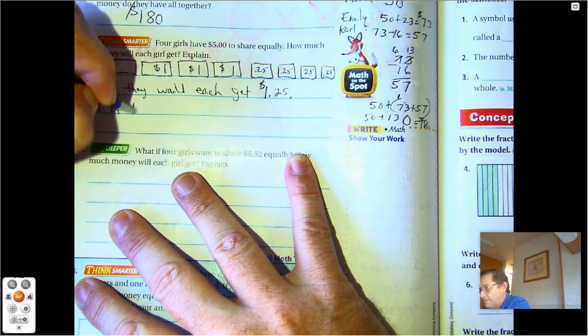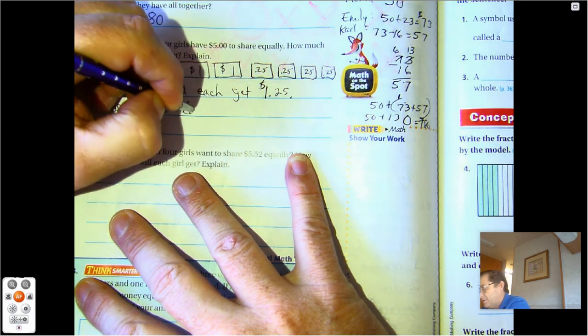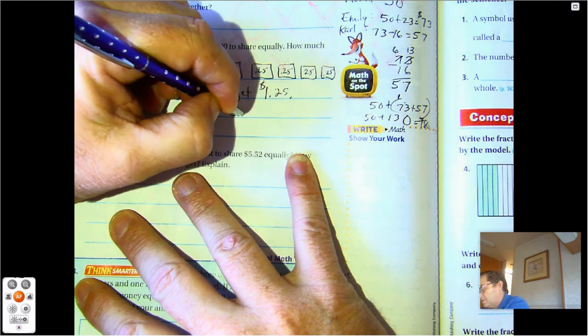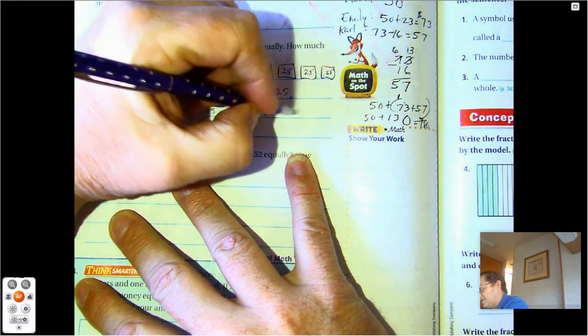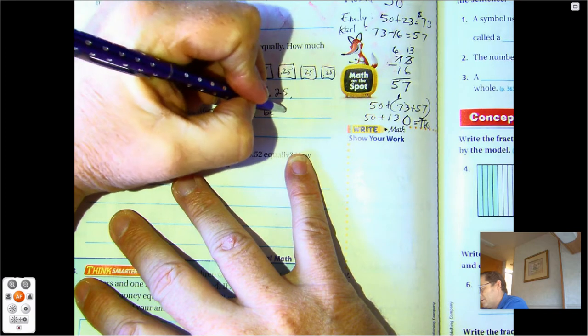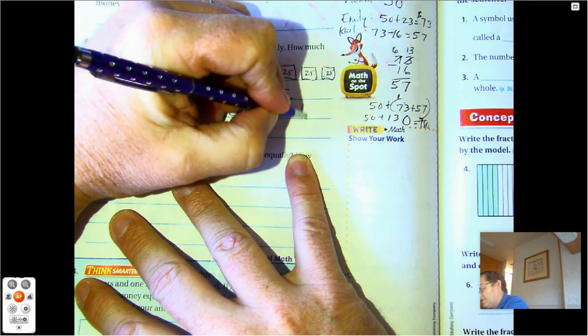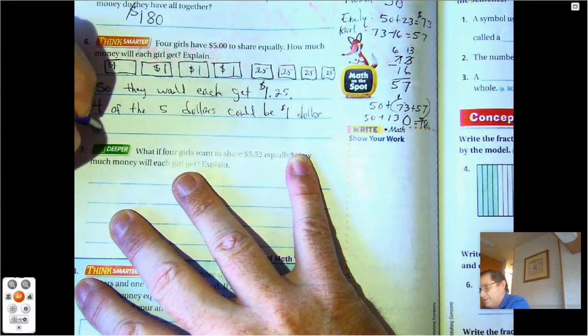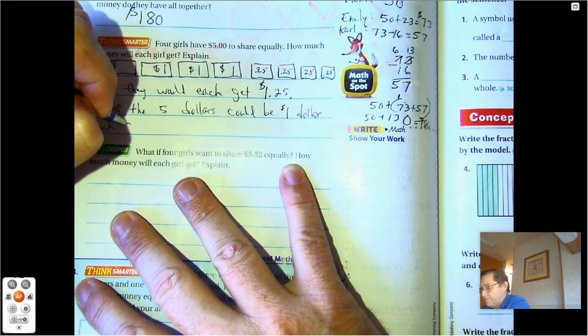Four of the $5 could be $1 each for each girl.